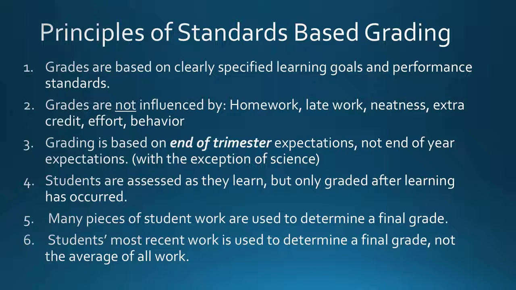Grading is based on end of trimester expectations, meaning if there is an end of year expectation, for example in kindergarten, to count to 100, we wouldn't expect that at the end of the first trimester. The only exception with that in Renton is science, because we have kits that rotate, and therefore a complete kit will not return to a student, so it's end of year expectations.